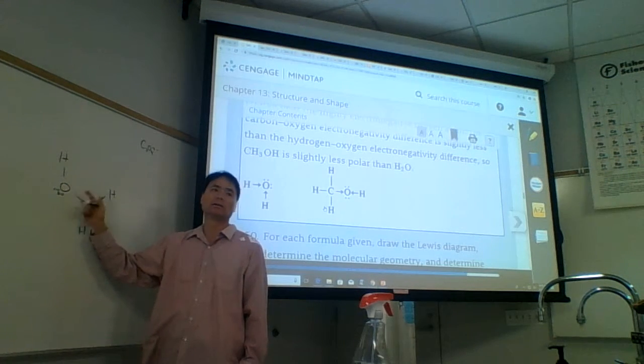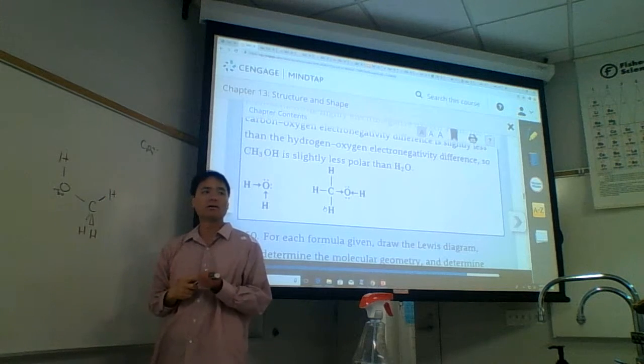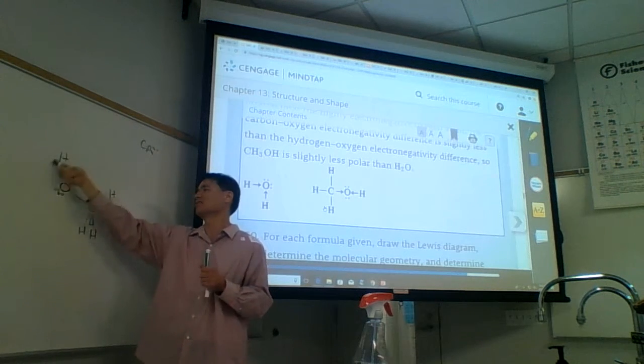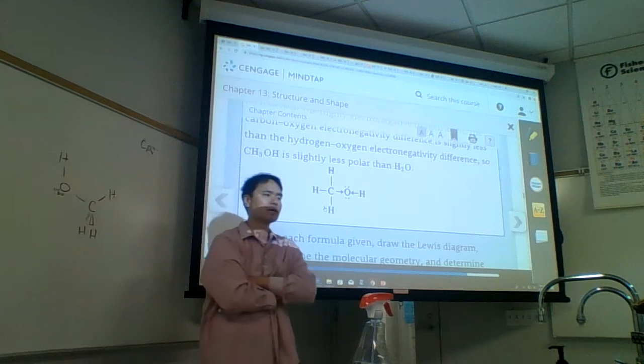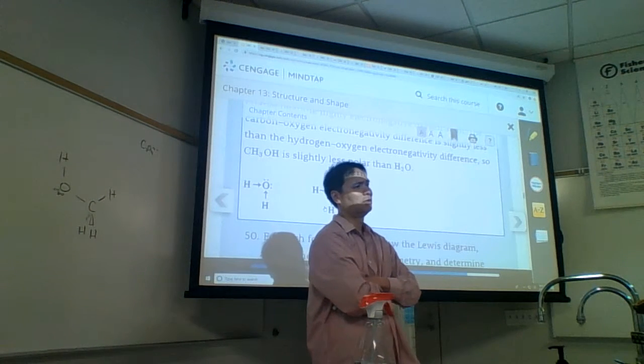What's that called? The OH group. Alcohols have this group attached to it. It's the COH, and the OH group we called, not hydroxide, we called it something else.